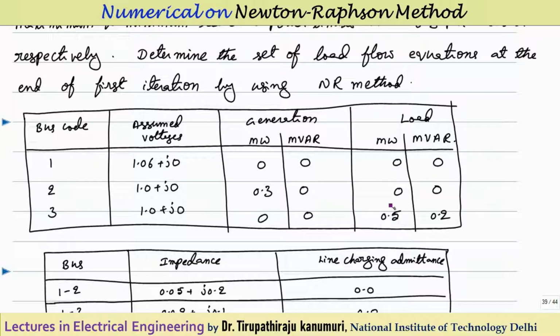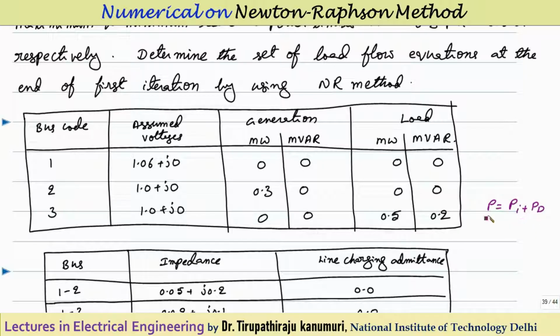Now coming to the load bus, the third bus is the load bus, that's why the load power is mentioned here. But you have to remember, whatever power is mentioned here, this is PD and QD. So while substituting in the numerical, P will be equal to P generated minus P demanded, because the value of P in practice will be equal to P injected minus P demanded.